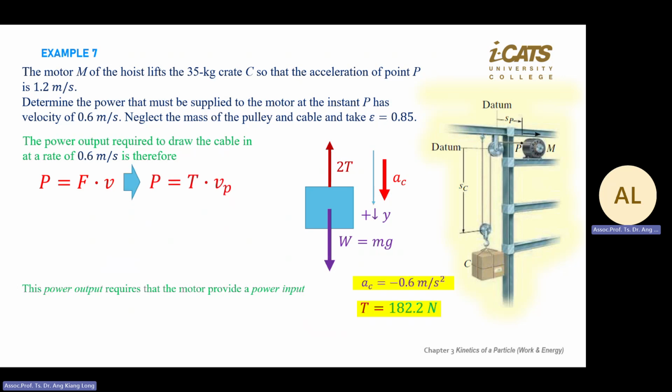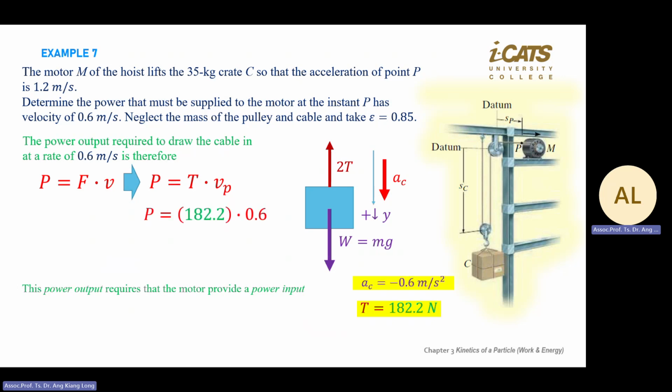Okay. So your F actually is the tension in the cable, because if you look at the diagram, the SC cable here is linked to the motor. You already found the T. So T is the same magnitude, not direction, same magnitude as the tension in the cable related to the motor.